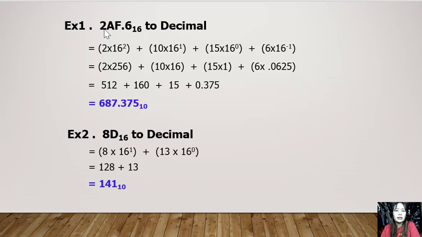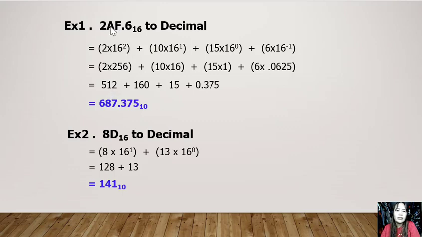So remember that of course here 2 is still 2, A is 10, F is 15. So that's 2 times 16 to the power of 2. Again, looking at the position of F, that's position 0, A is position 1, and 2 is in position 2. So 16 to the power of 2 is 256 times 2, you get 512.